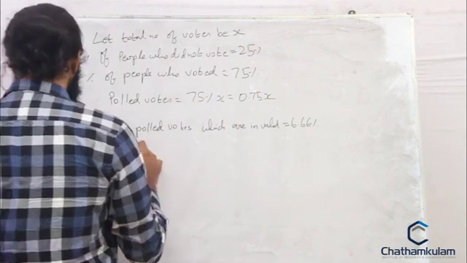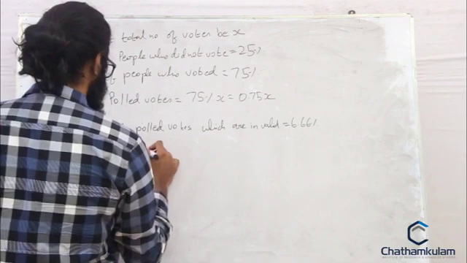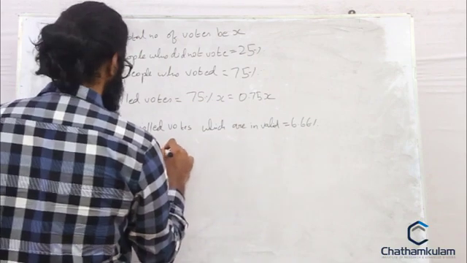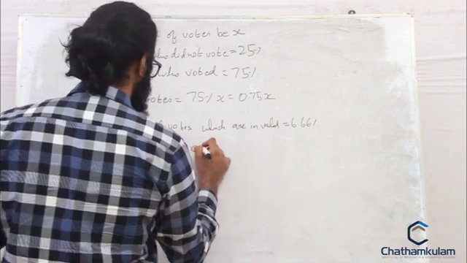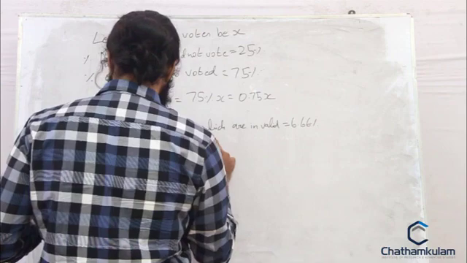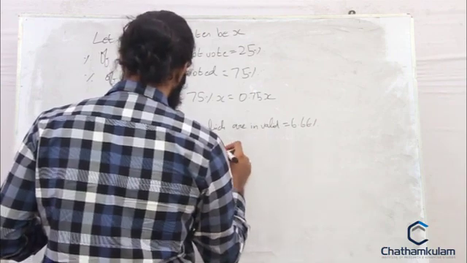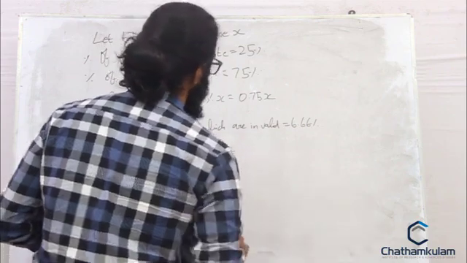That is, invalid votes is equal to 0.067x, right?